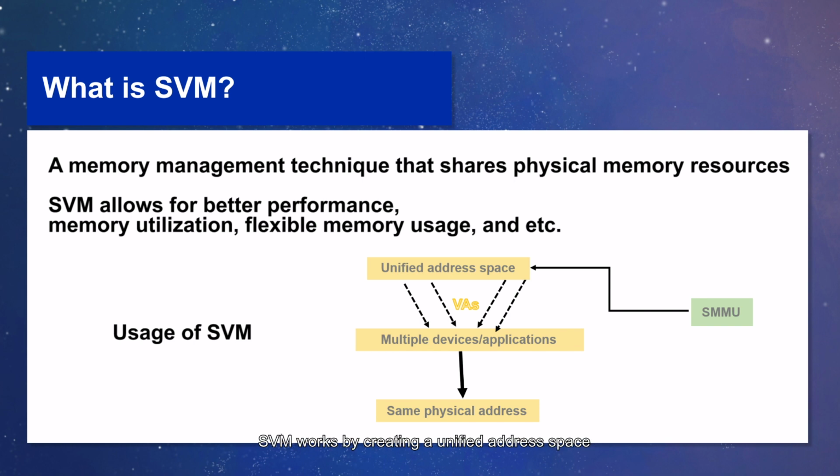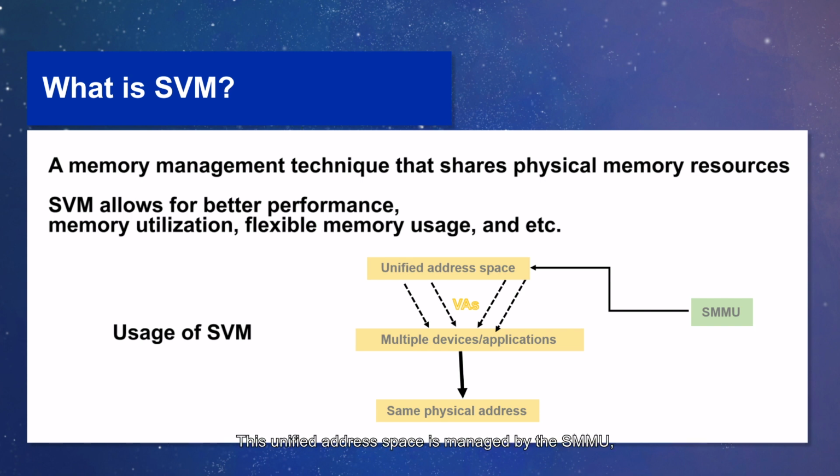SVM works by creating a unified address space that allows multiple devices or applications to access the same physical memory. This is done by assigning a virtual address to each device or application, and then mapping that virtual address to the physical memory address.